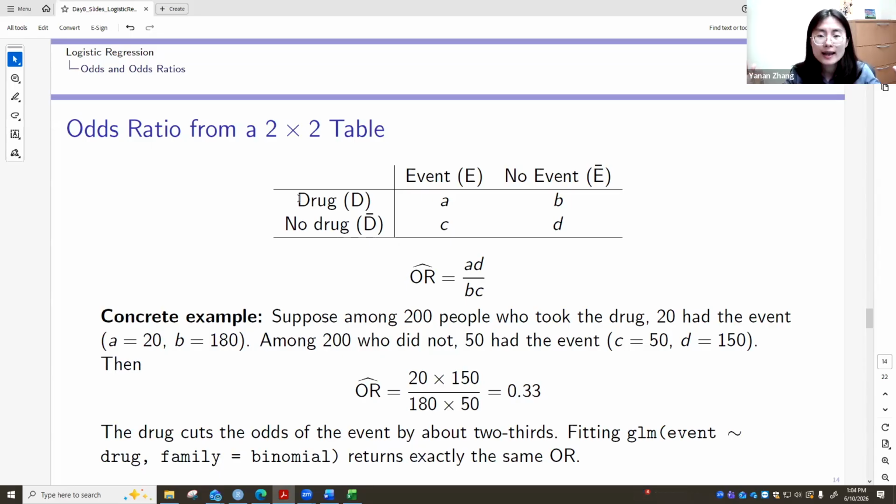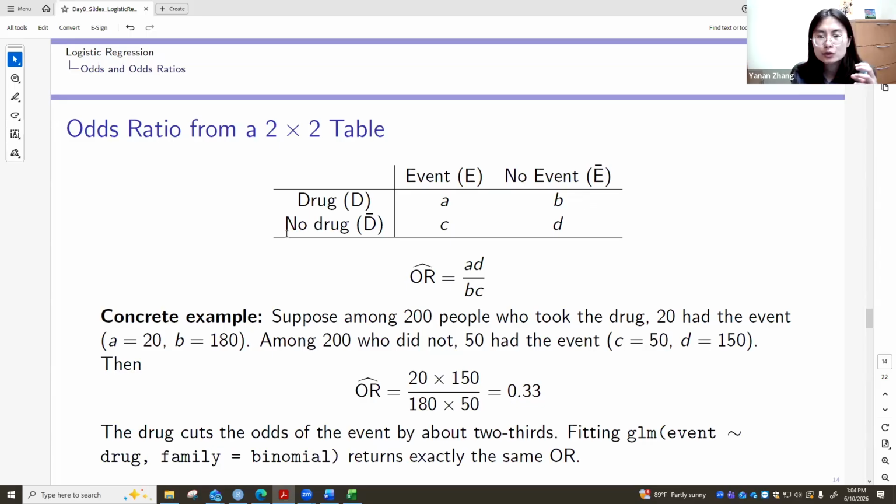And we follow them for, let's say, a week and see if some event happens. Among those 200 people who take the drug, 20 of them experience this event and 180 don't. So A equals 20, B equals 180.